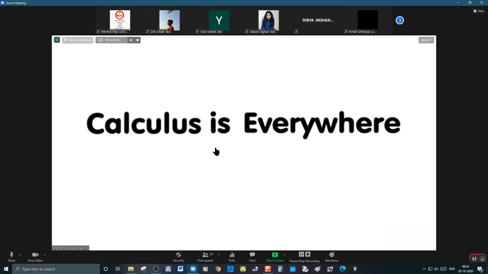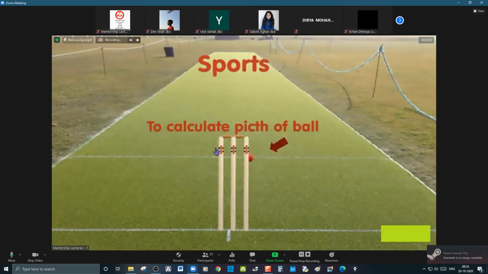Calculus is everywhere. Similarly in sports, cricket is a mania for all the students. Okay. In cricket, to calculate the pitch of the ball, calculus is also used. The commentator and whoever is calculating may not know that because it is totally computerized. Whatever result they want, the computer gives.